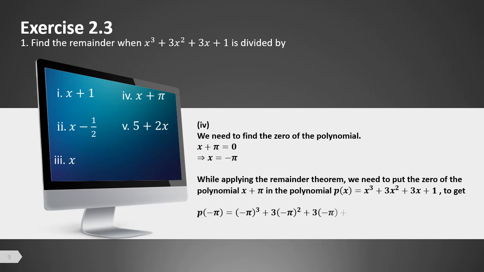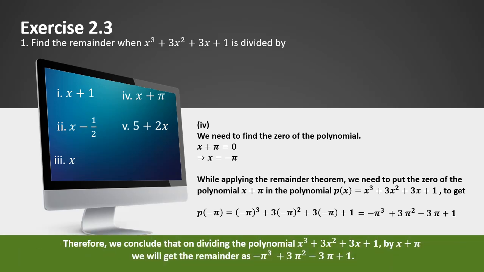Then we get p of minus pi equal to minus pi whole cube plus 3 into minus pi whole square plus 3 into minus pi plus 1. Then we get the result minus pi cube plus 3 pi square minus 3 pi plus 1. Therefore, we conclude that on dividing the polynomial p of x by x plus pi, we get the remainder minus pi cube plus 3 pi square minus 3 pi plus 1.